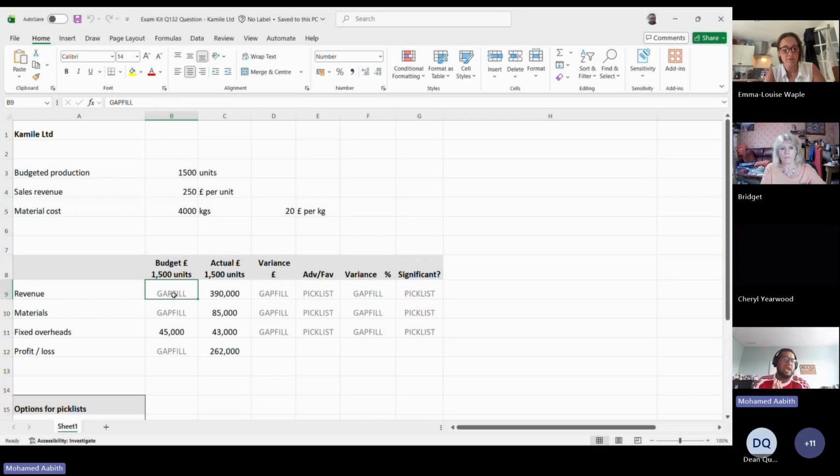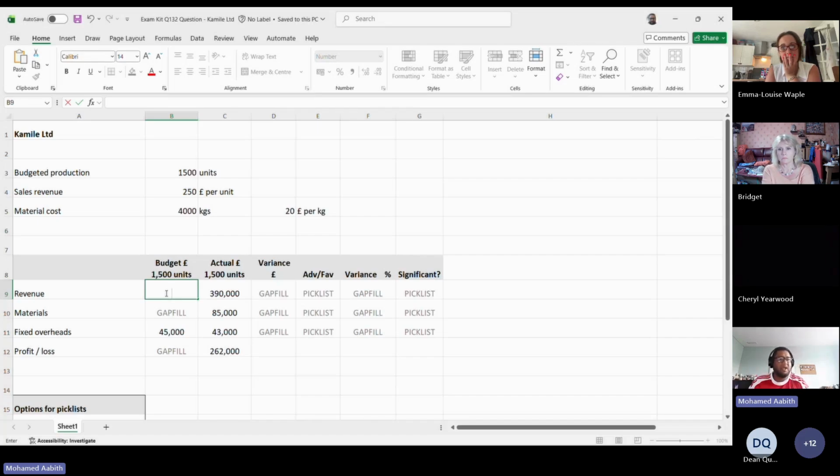So let's see how I'm going to do it. First thing is, what is the revenue for 1,500 units? How would I know what is the total revenue? It's going to be 250 pounds per unit, but I sold 1,500 of them. So I'm going to say this is equal to... whenever you do a formula, you must use an equal sign. If you don't, it will not recognize that it's a formula.